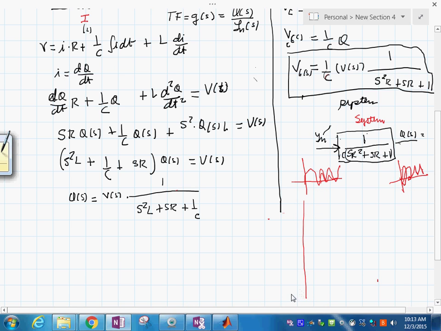Really, Bode plots are two plots in one. In this case, this is of course time, and this is any variable x, y, or z. Let's just say y. Y is your output.